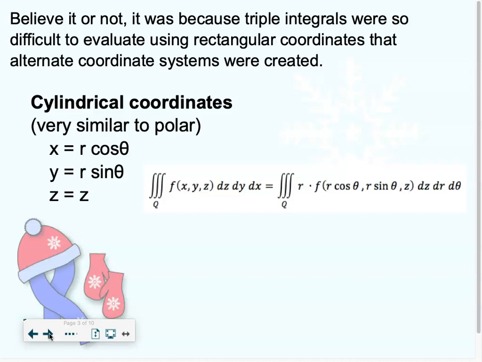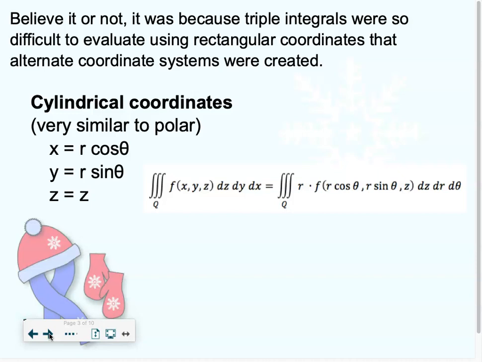All right. So the only difference when you're doing a triple integral in rectangular versus in cylindrical is that your function, instead of x, y, z, is in r cosine theta, r sine theta, z, but you got to multiply by r. It's just like when you're doing double integrals with polar. So you have that r dr, same thing here. You have r dz dr d theta.